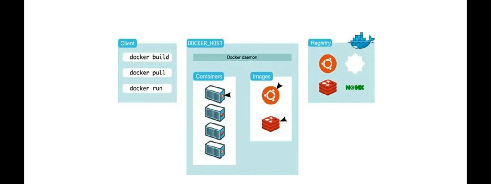Nginx is a lightweight web server. If we want to create a container out of Nginx, we don't need to create an image from scratch. An Nginx image may be available in the Docker Hub repository. So if we say docker run nginx, it will go and search for the nginx image in the registry, download the image from the Docker Hub registry, and then run a container out of that image.